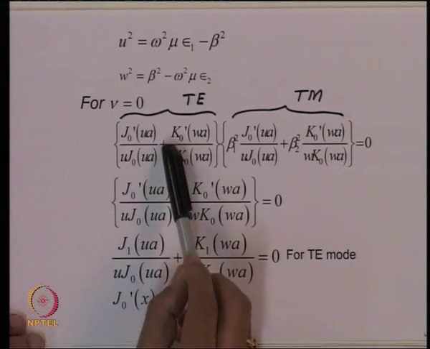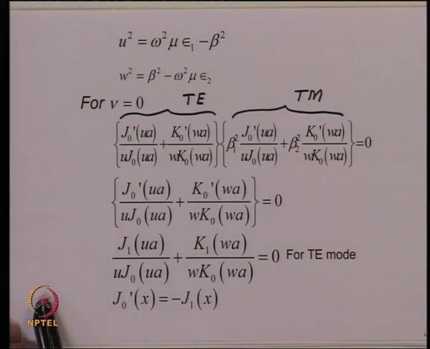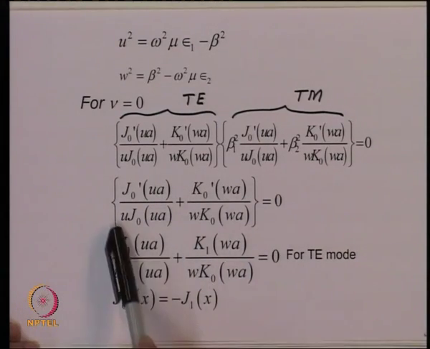So if I take this bracket and equate it to 0, this will be the characteristic equation for the transverse electric mode.